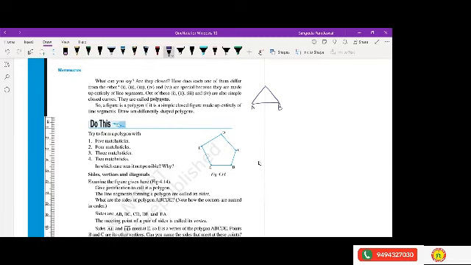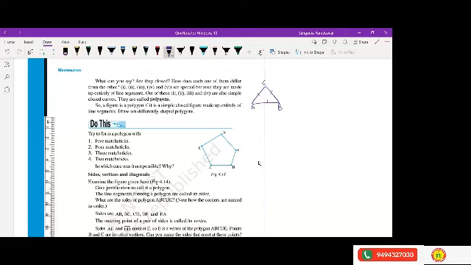AB is one line segment, then B to C is one line segment, and C to A is another line segment. So a triangle is made of 3 line segments. A polygon can have any number of sides. Closed means it is closed from all sides; the starting point and the end point meet together. Any closed figure made by straight line segments is called a polygon.